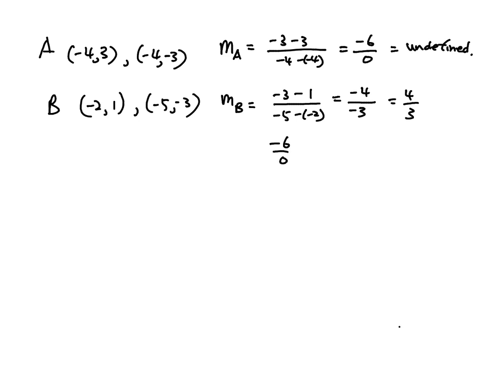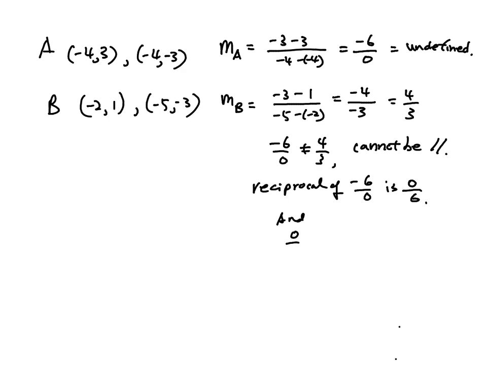Negative 6 over 0 is not equal to 4 over 3. So therefore, cannot be parallel. Okay. The reciprocal, I don't care which one you pick, of negative 6 over 0 is 0 over 6.